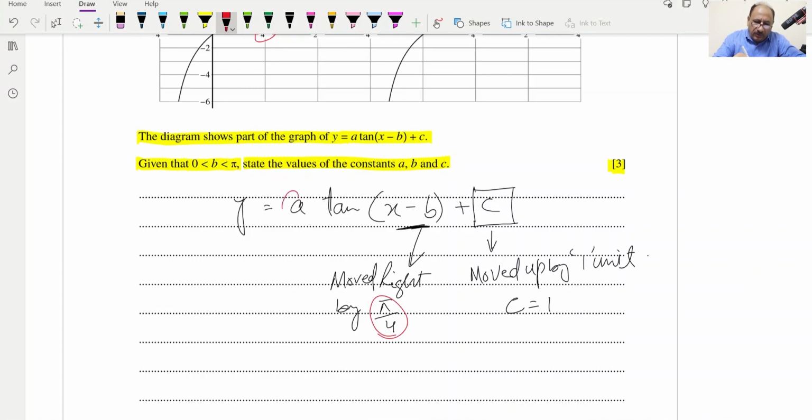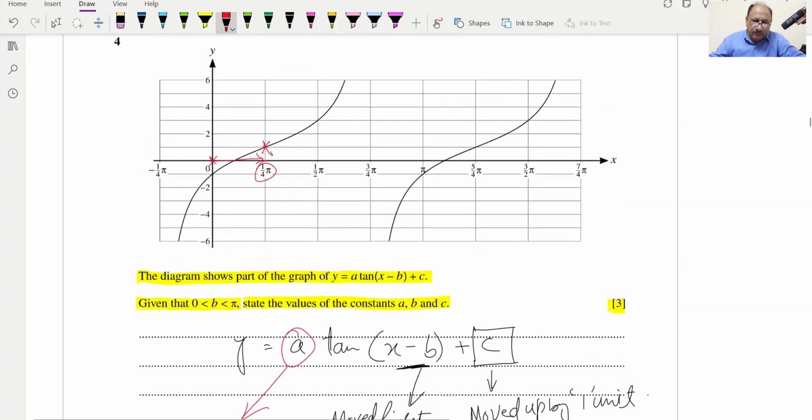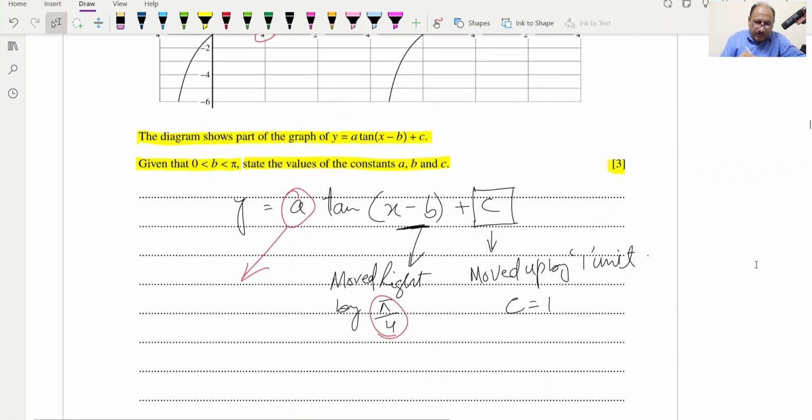Then for the a value, what is a? If a is greater than 0, it is a vertical stretch. So we can see it is vertically stretched. Instead of passing through 1.5, it's passing through 3.